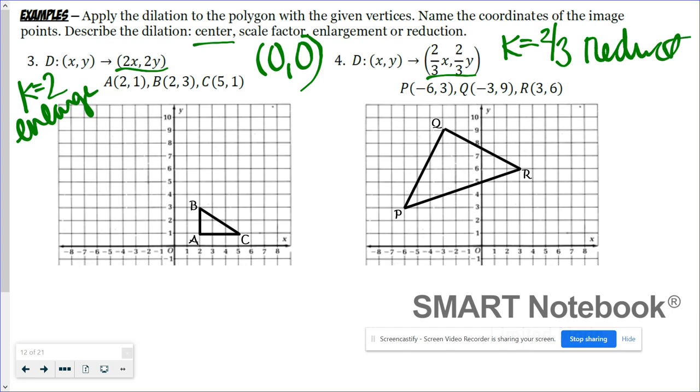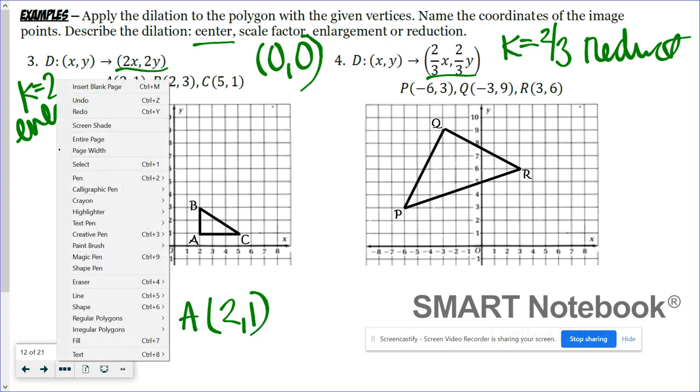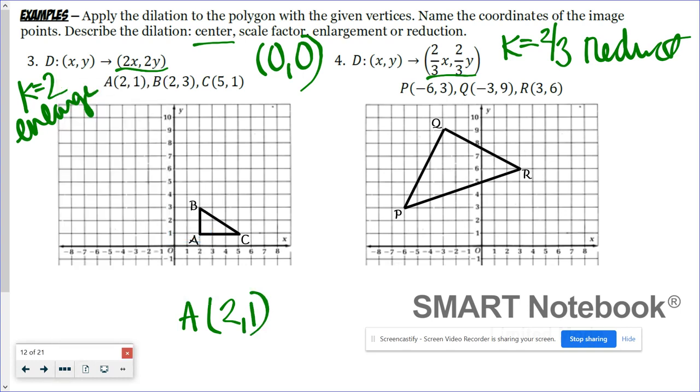Okay. So what we just discovered is that you can simply multiply the coordinates of the preimage by the scale factor to get the coordinates of the image. So like in number 3, A is at 2, 1. So if I simply multiply both of those by 2, I'll get the coordinates of A prime. So A prime will be at 4, 2.